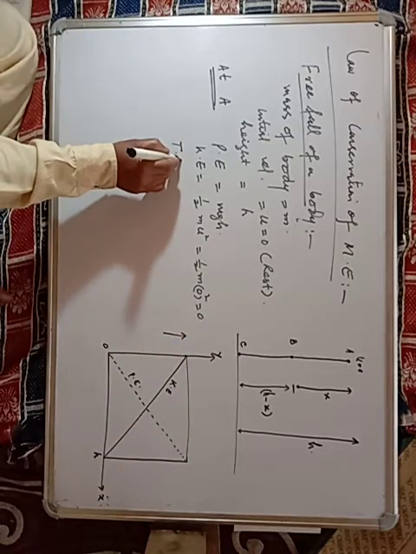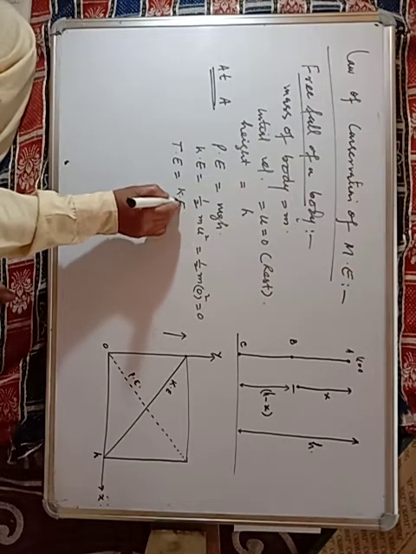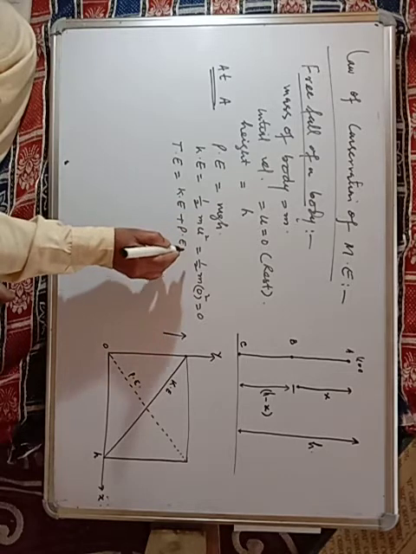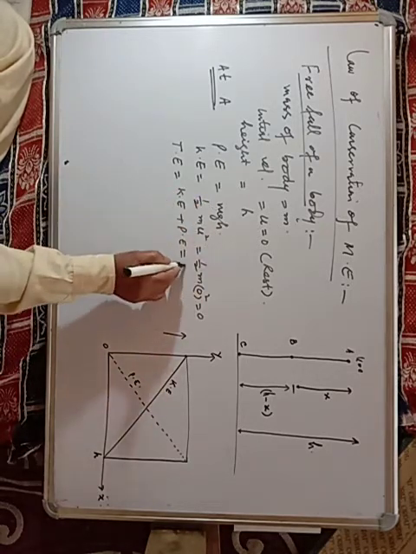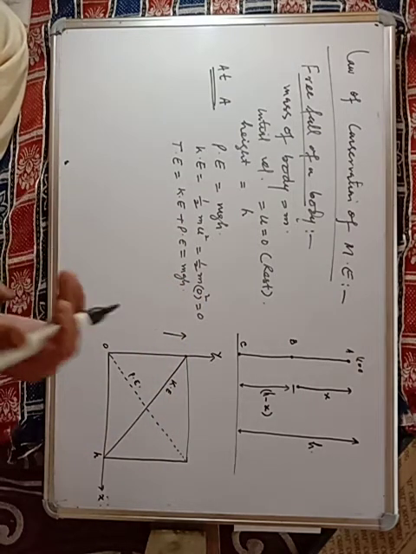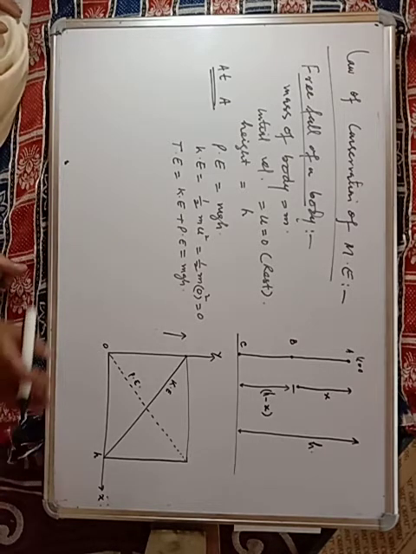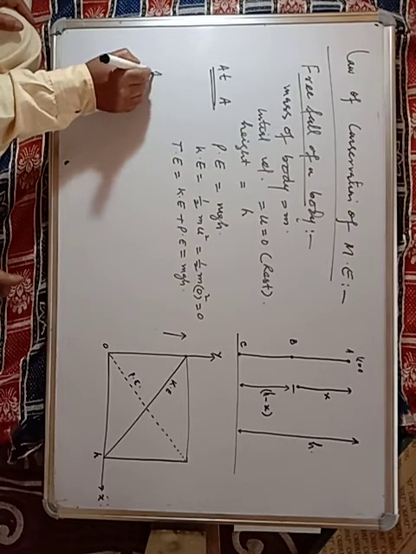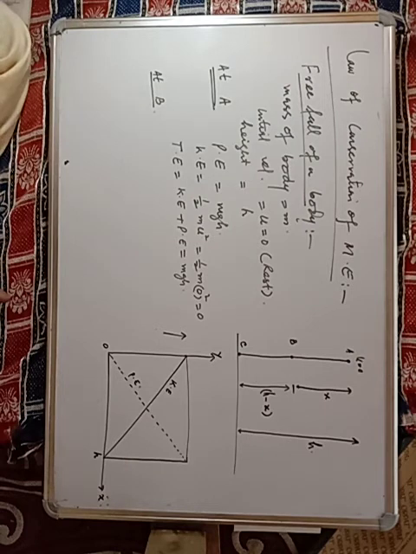So we can write here total energy is equal to kinetic energy plus potential energy, that is equal to 0 plus mgh, so that will be total mgh. So at point A the total energy is equal to its potential energy, at which kinetic energy is equal to 0, right.